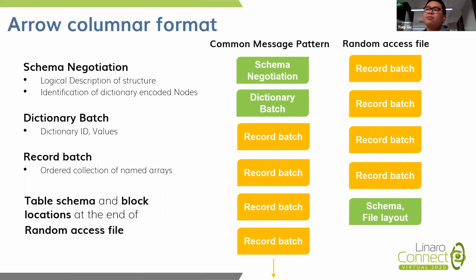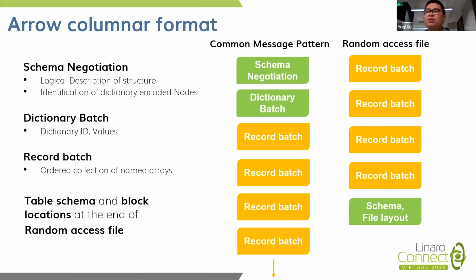The schema message is the logical description of the structure, and also the identification of the dictionary-encoded nodes. The dictionary batch contains a dictionary ID and its values, and the record batch is the ordered collection of named Arrow data arrays.